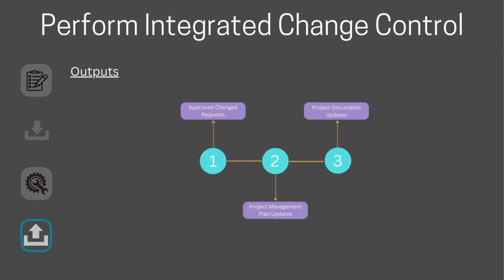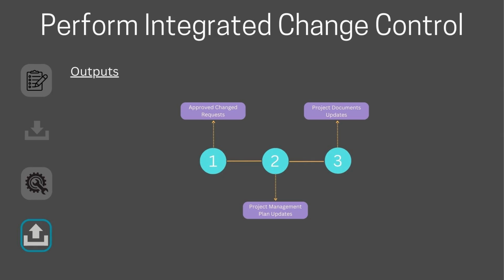The outputs of integrated change control are approved change requests and updates to the project management plan and project documents. If you look closely, the input to this process is the change request, and the output is the approved change request. This means all change requests are carefully reviewed before approval.